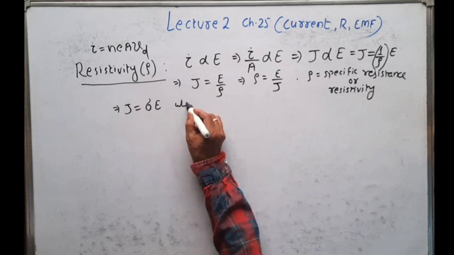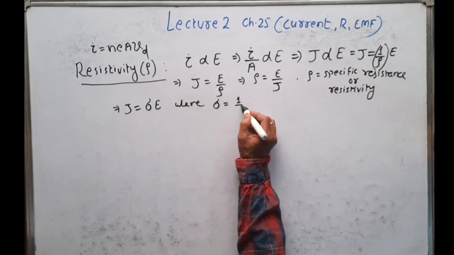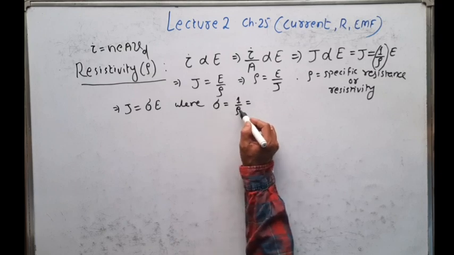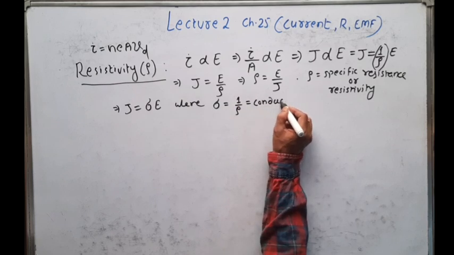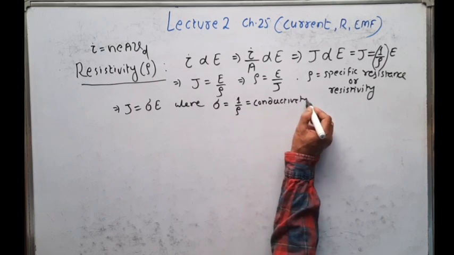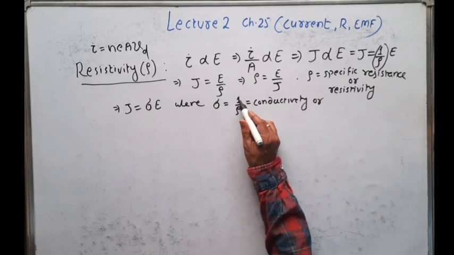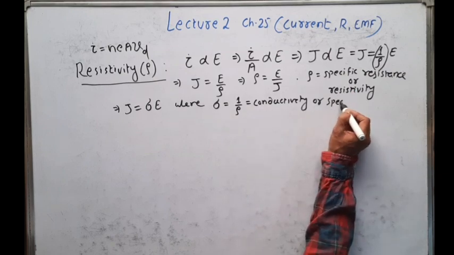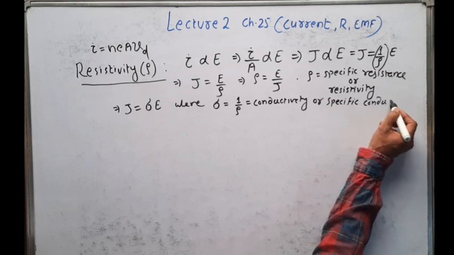So here sigma is equal to 1 upon rho, that is the reciprocal of resistivity. And this reciprocal of resistivity is called sigma, which is called conductivity. Or the reciprocal of specific resistance is called specific conductance.